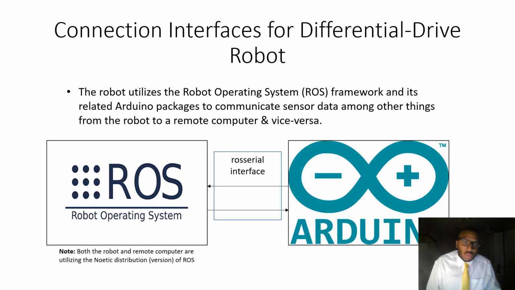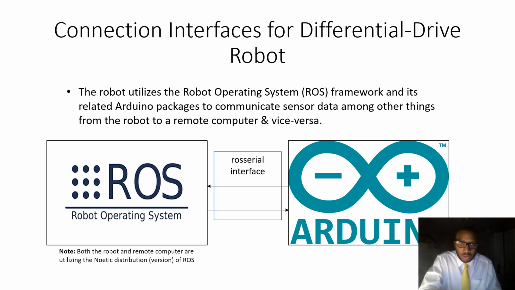Moving to here, I just wanted to talk a little bit more about the connection interfaces that the robot uses in order to operate the way that it does. As you can see, the robot utilizes the Robot Operating System, or ROS, framework and its related Arduino packages to communicate sensor data, among other things, from the robot to a remote computer and vice versa.